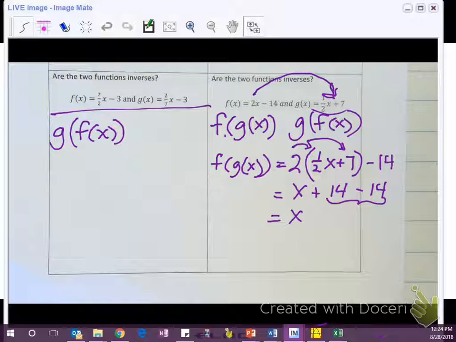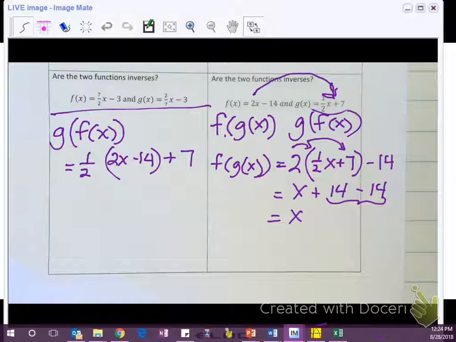So I start out with my g, which is 1/2, and then where that x is, I put all of function f, which is 2x minus 14. And then the rest of g is plus 7.